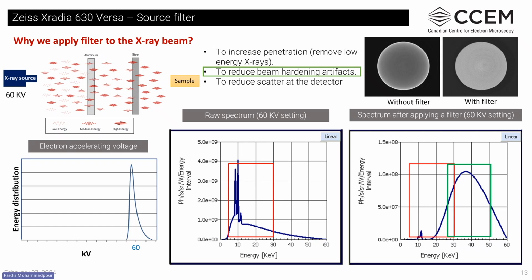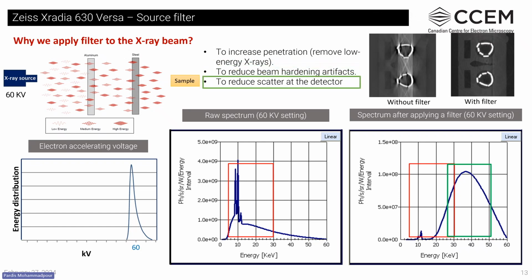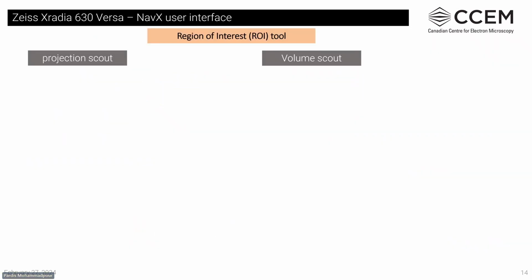And the third reason is to reduce the scatter at the detector. When we scan high density materials, some of the lower energy X-rays are scattered and create scattering artifact, as you see in this image. However, by applying a filter, we can remove this scattering artifact.